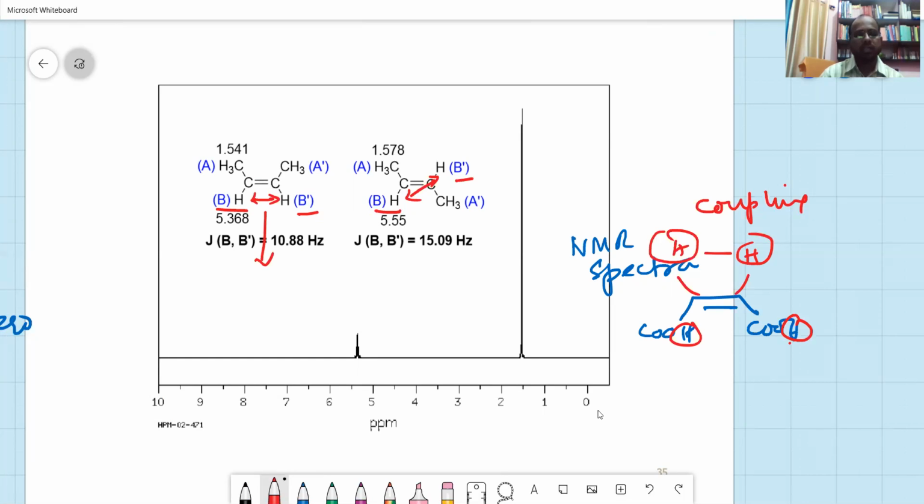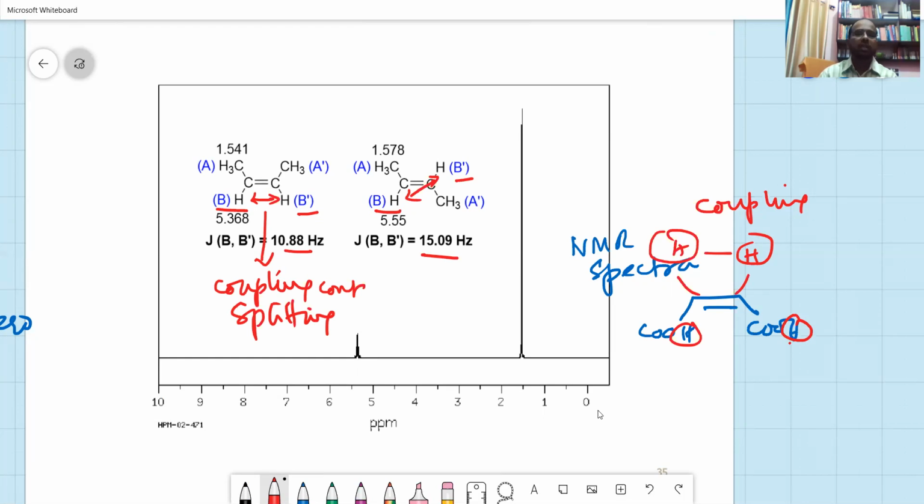When they are adjacent, they can give rise to coupling as well as the coupling constant, which is nothing but splitting. You get about 10.88 Hertz. Here the coupling is very weak because they are very far away, and you get about 15.0.